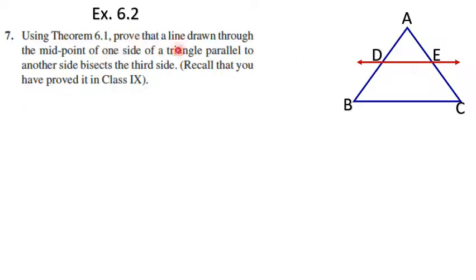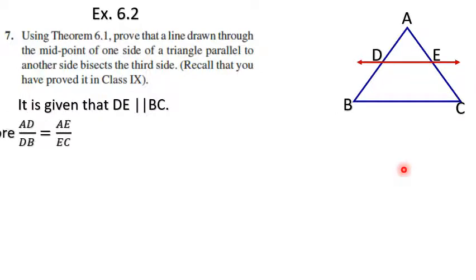It is given that a line is drawn through the midpoint of one side parallel to another side. So DE is a line. Let us consider it is parallel to BC and let us assume that D is the midpoint of AB.